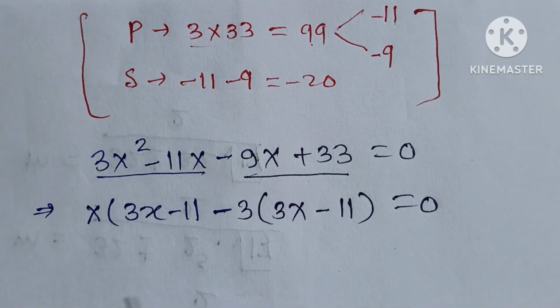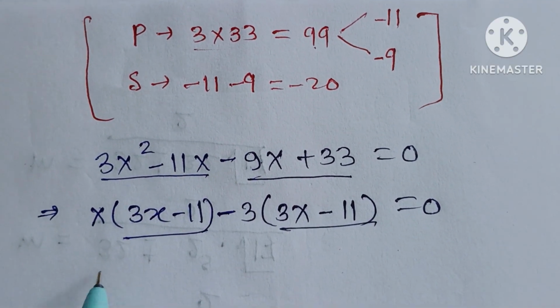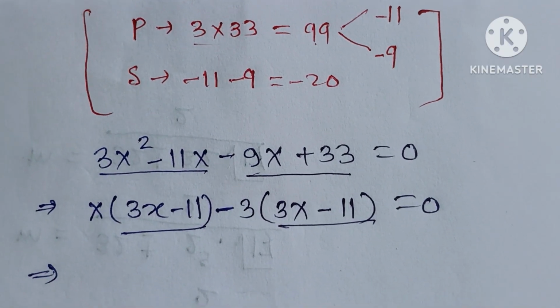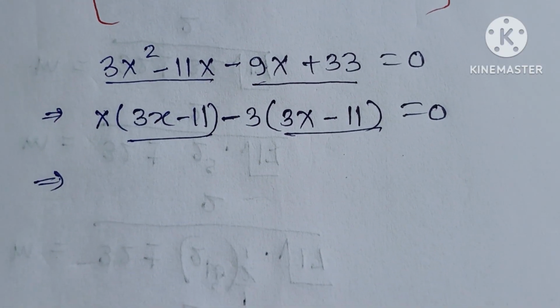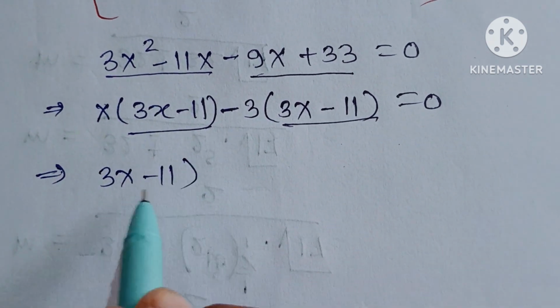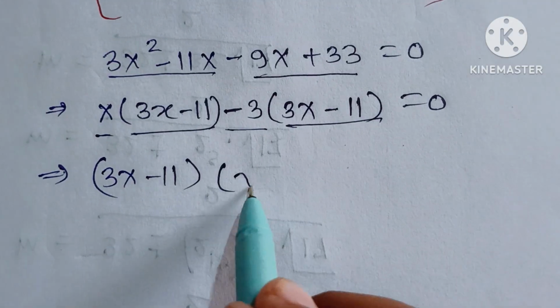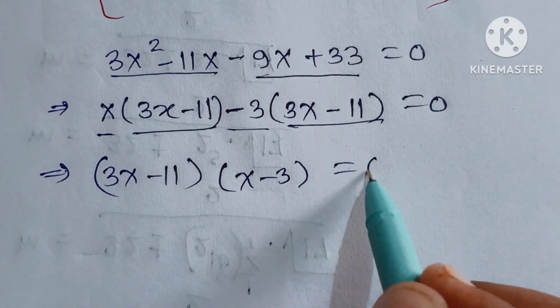Equal to 0. So we write 3x minus 11 in one bracket and x minus 3 in another bracket, equal to 0.